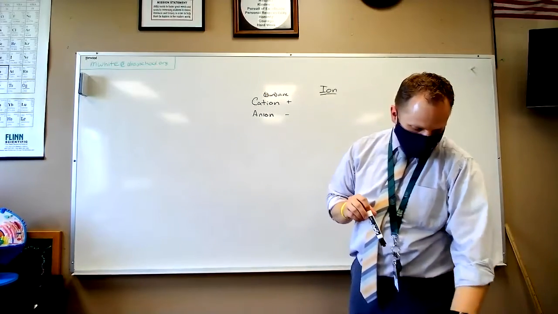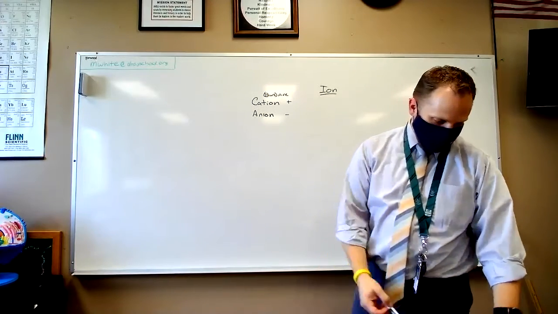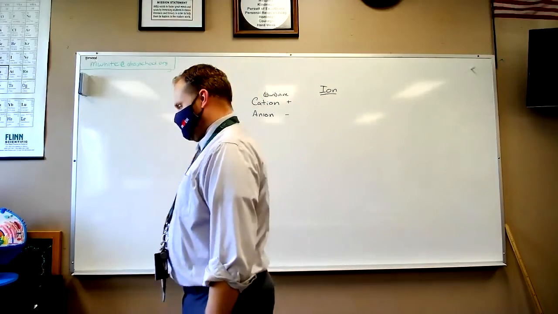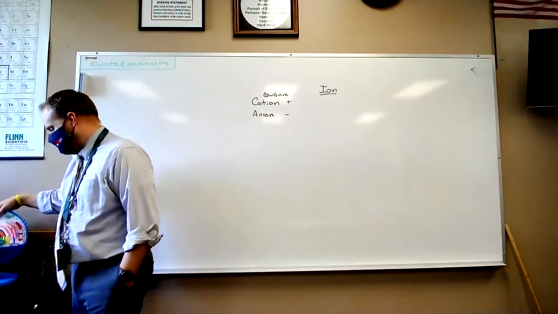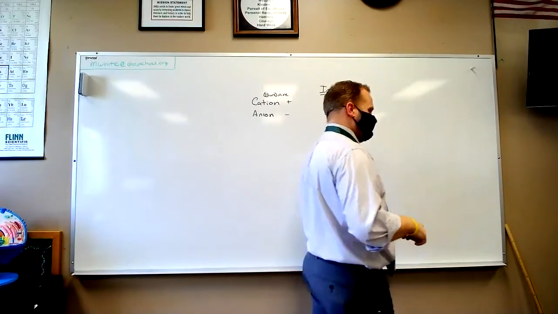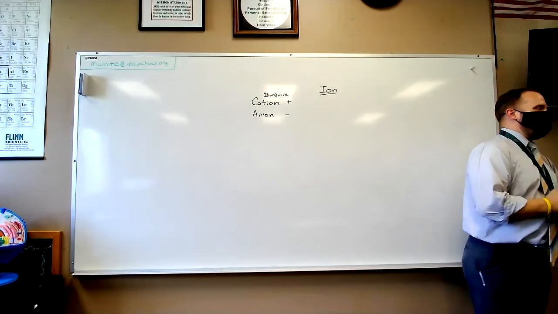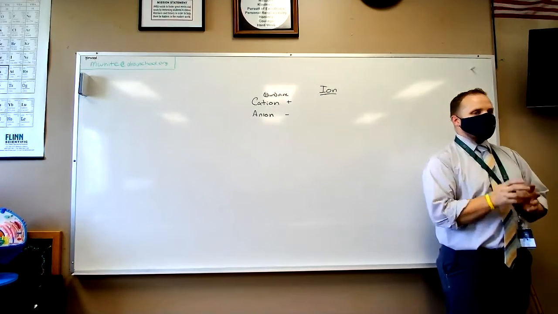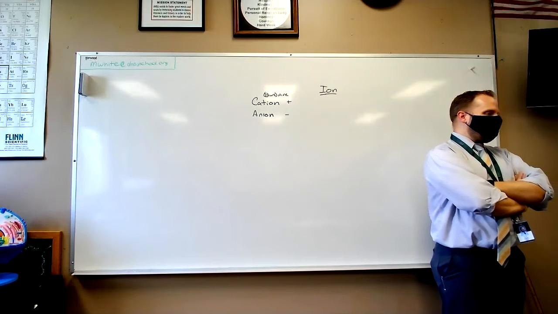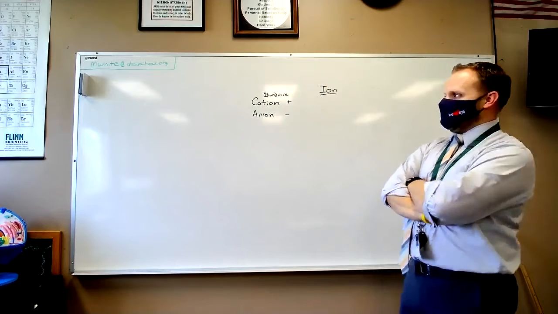The other thing that we want to mention, and we did talk about this, how can we tell whether something is more likely to become a cation or anion? You remember? How can we tell whether something is more likely to gain or lose an electron?